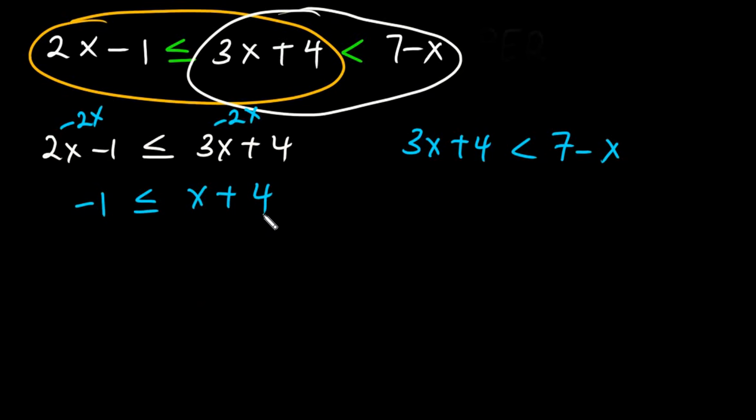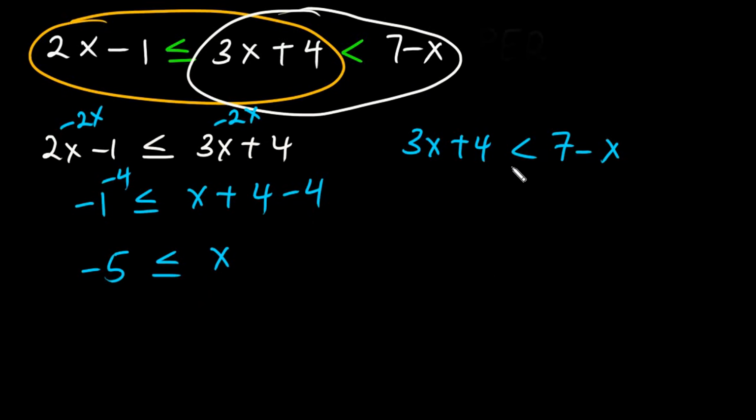Then we can subtract 4 on both sides so that we have x, so it's x is greater than or equal to -5. We can now solve the other inequality.